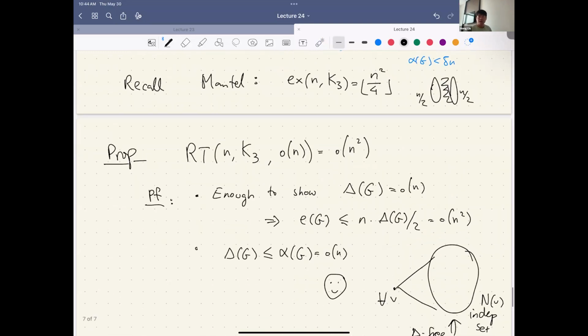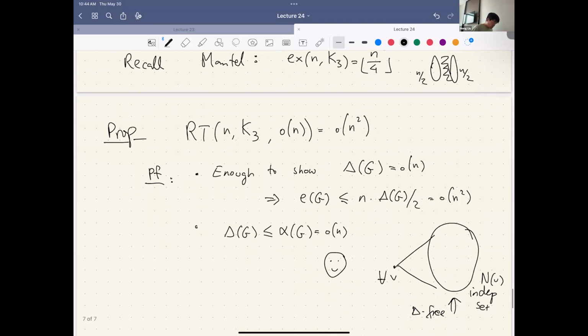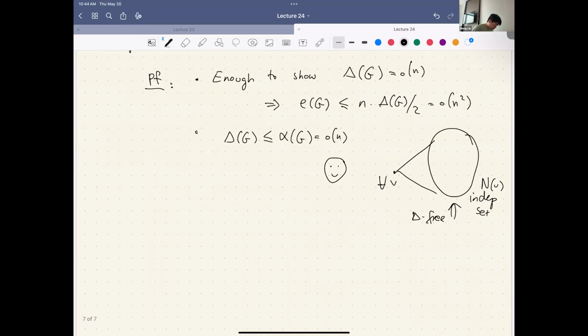The thing we're going to look at is the K4 case. For the K4 case, we know this is roughly n squared over 3, plus or minus some constants, depending on the divisibility of n.